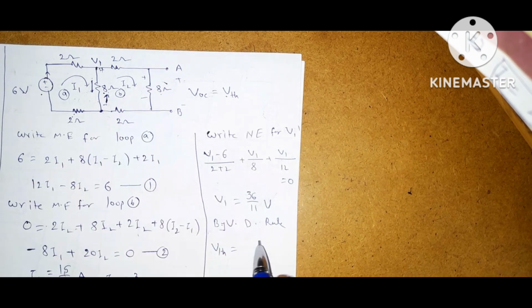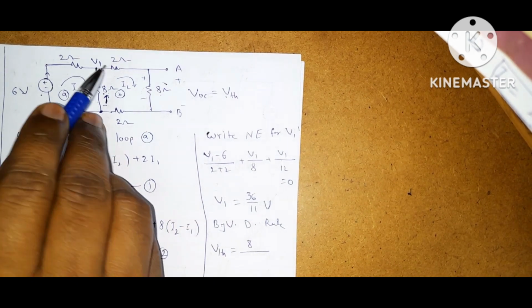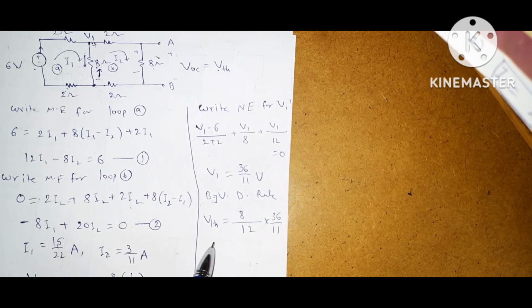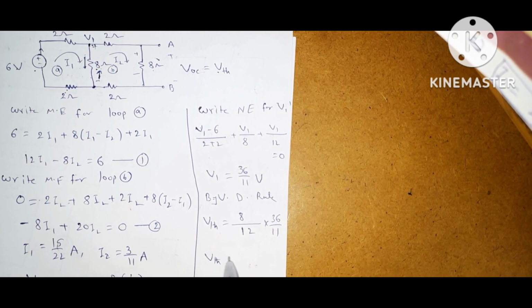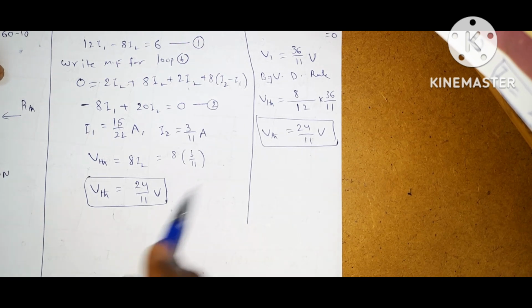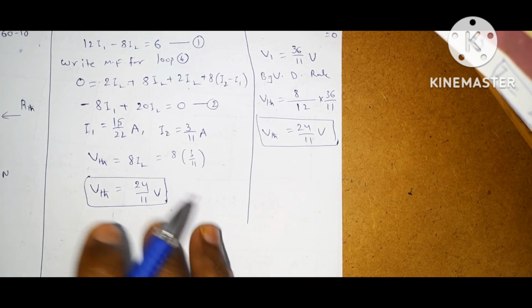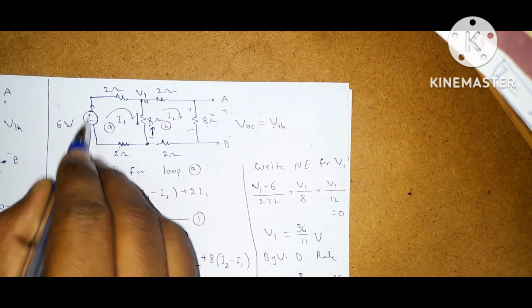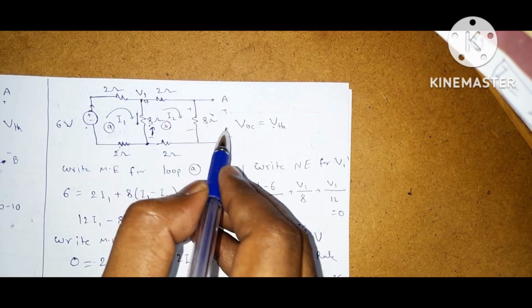The same impedance 8, divided by the total impedance 2 plus 8 plus 2, which is 12, into the total voltage V1, 36 by 11 volts. If we solve this, VThevenin is equal to 24 by 11 volts. In both the cases we got the same answer. Now, to find RThevenin, replace this voltage source with a short circuit and find the open circuit resistance.